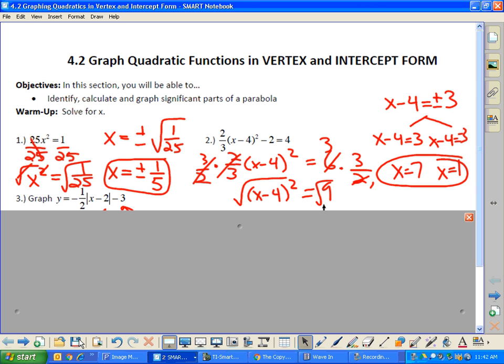It's nice because you end up with a perfect square on the right side. Square root of 9 is plus or minus 3. Then you take your x minus 4, set it equal to positive 3, and x minus 4 equal to negative 3. You get 7 and 1. Everybody okay so far?